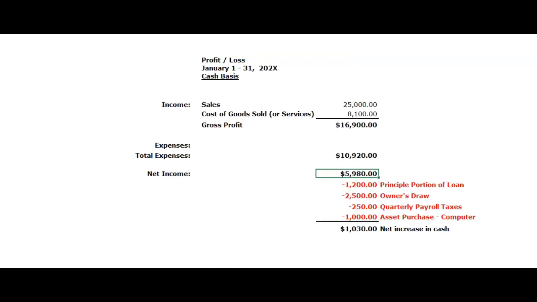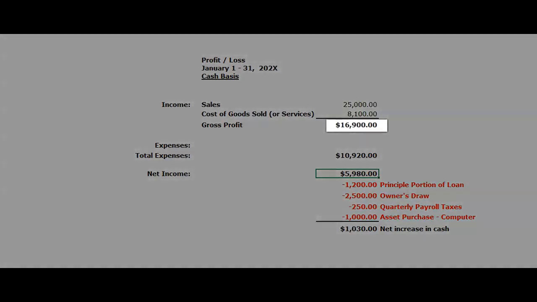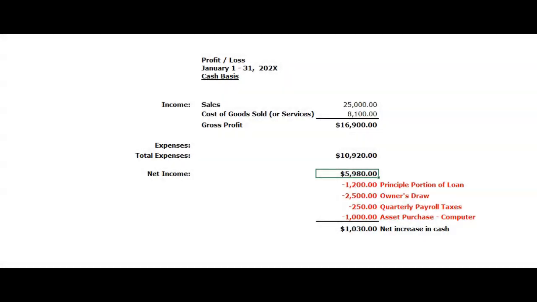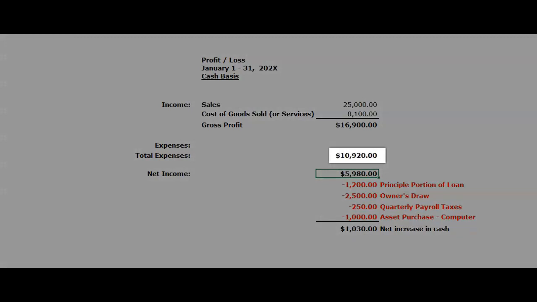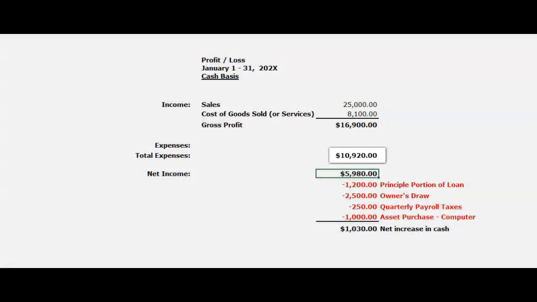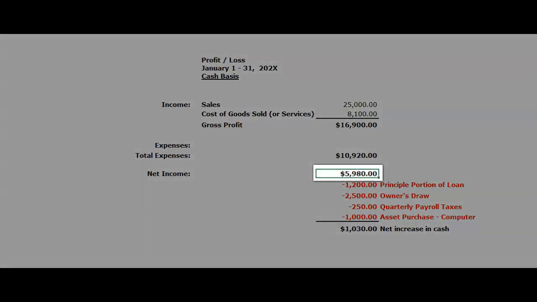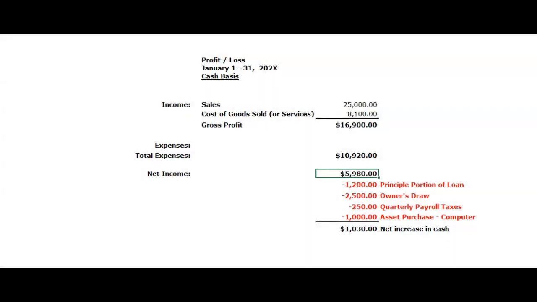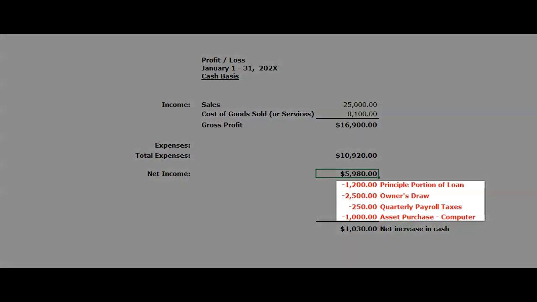So going back to our original profit loss report, and I've condensed this a little bit, we have gross profit of $16,900, total expenses of $10,920 to bring net income of $5,980. And again, the business owner might wonder why their bank account is not that much richer on the 31st of the month. Well, the reasons could be that there's $1,200, the principal portion of a loan.